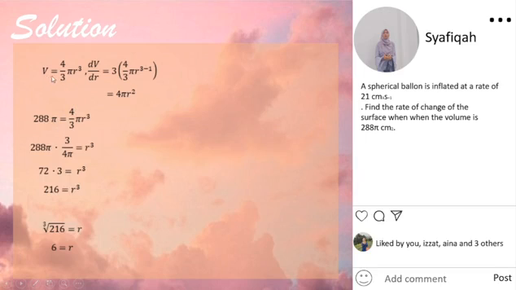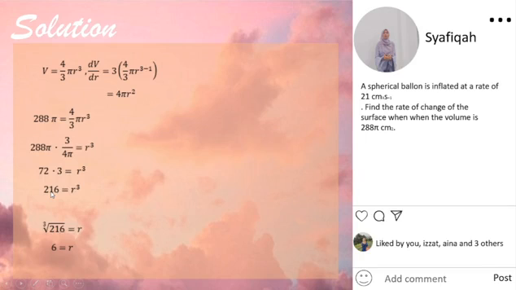The formula for volume is V equal to 4/3 pi r to the power of 3. If we differentiate this volume, we get dV/dr equal to 3 bracket 4/3 pi r to the power of 3 minus 1 close bracket, and the answer is 4 pi r squared.